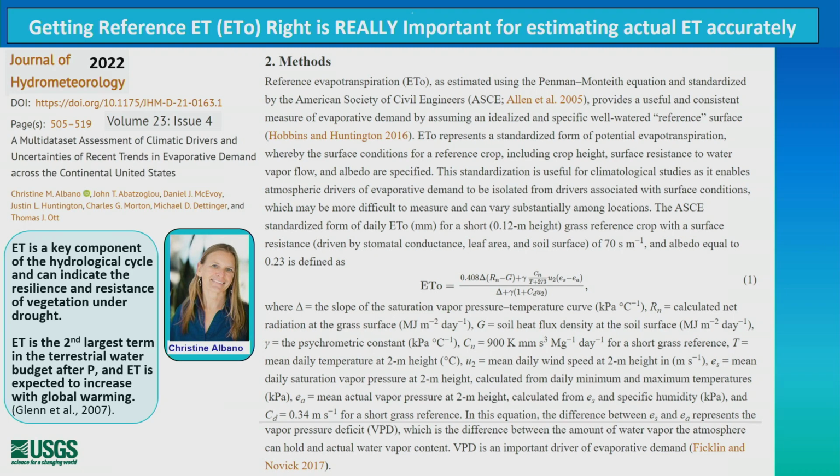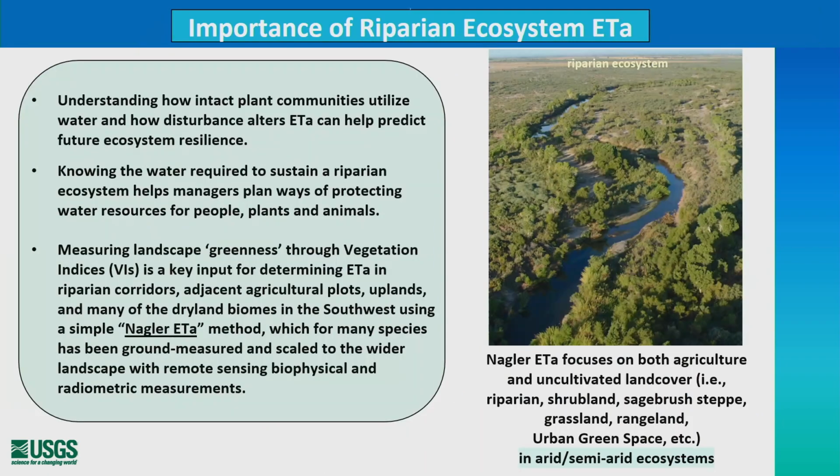As we go through, all of my estimates have to include potential water use, but if you can't accurately define it within very narrow bands, we want to get it at 5 to 20% accuracy, it's really hard then. Part of that is that ET is the second largest term in the terrestrial water balance, and so it's important that as global warming happens, we start getting these accuracies improved in the drylands.